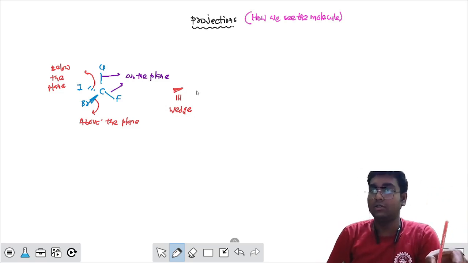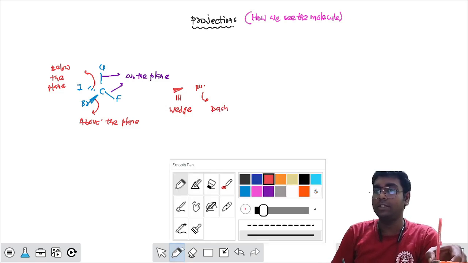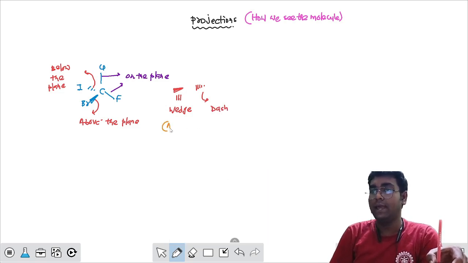And this type of notation is called dash. So wedge means above the plane, and dash means below.